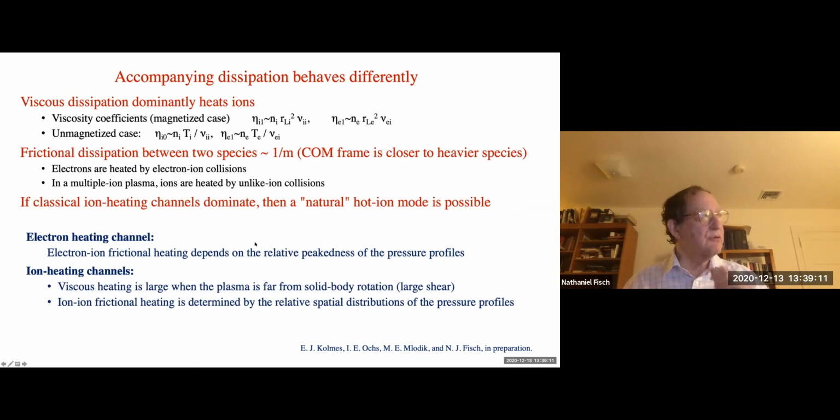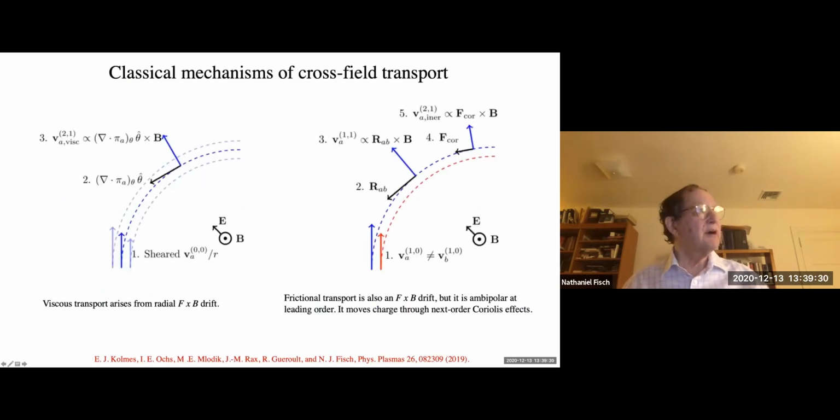And you can get to, depending on whether you have a very peaked profile, in which case you'll end up with frictional heating, or if you have a profile that's far from solid body rotation with large shear, then you can get to ion heating. And in principle, you can get to a hot ion mode when you do something like that. I think, just in the interest of time, I'm going to skip the actual mechanism of the cross field transport.